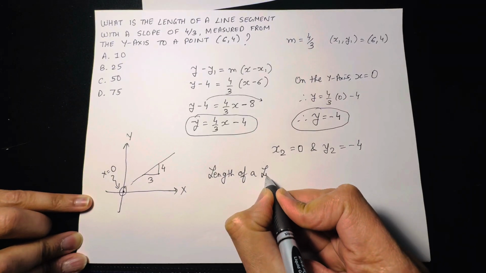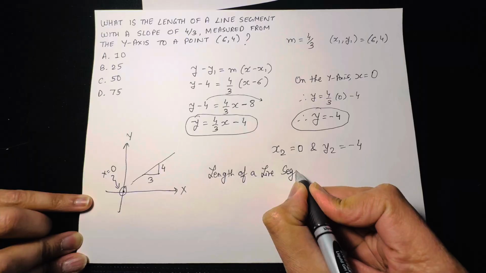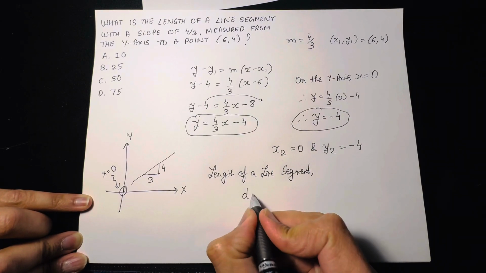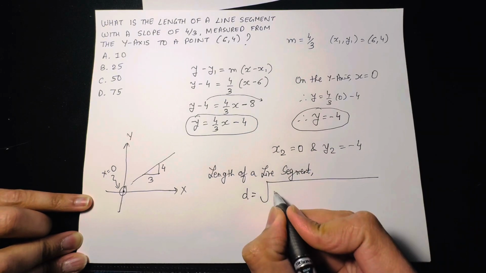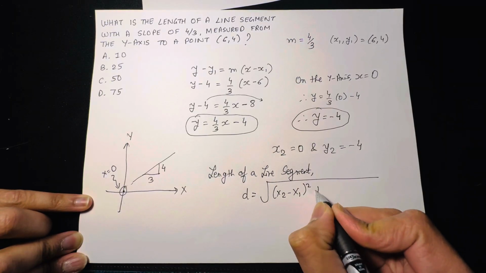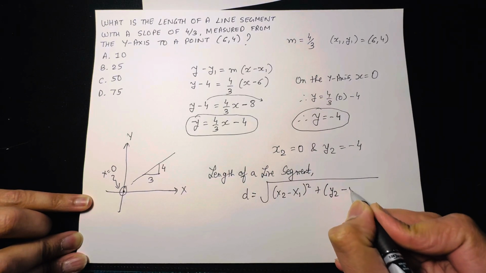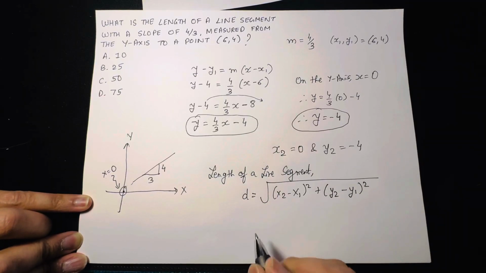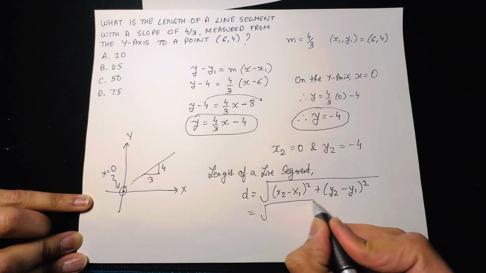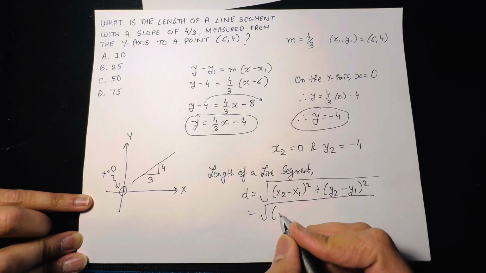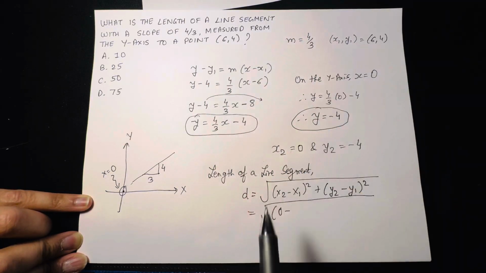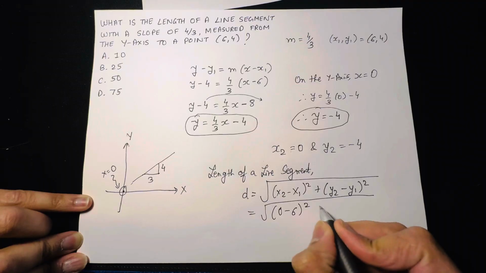Now in order to find the length of a line segment, we have a formula: d is equal to the square root of (x2 minus x1) squared plus (y2 minus y1) squared. x2, which we got from here, is 0, minus x1, which we had from the question, is 6, squared.